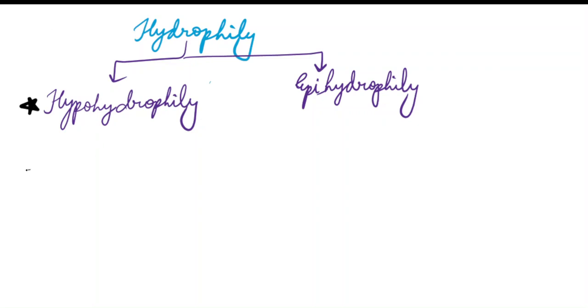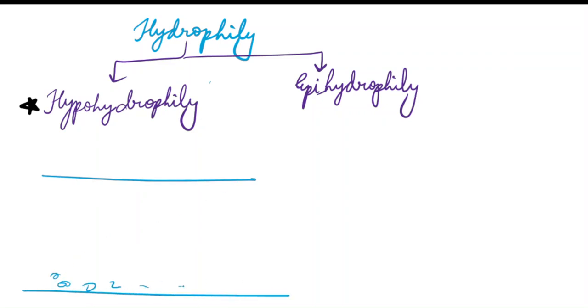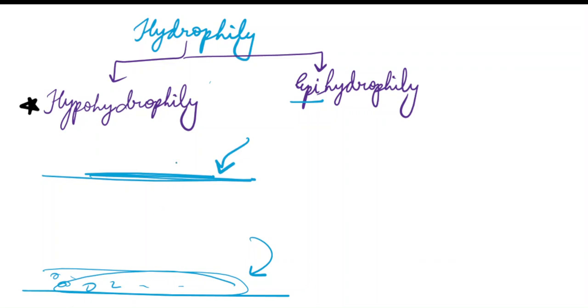Suppose this is the water; here the pollination occurs below, not on the surface. In epihydrophily, the pollination occurs on the water surface.